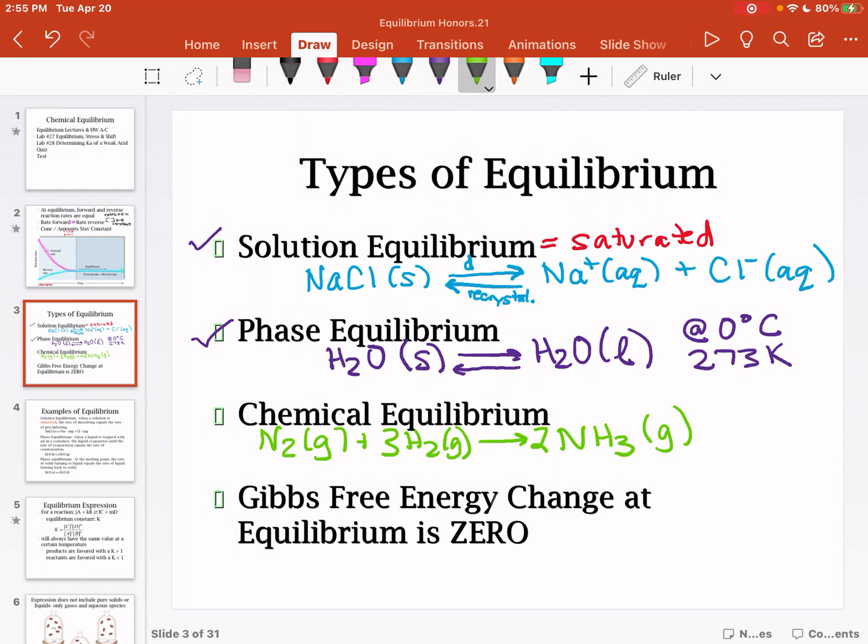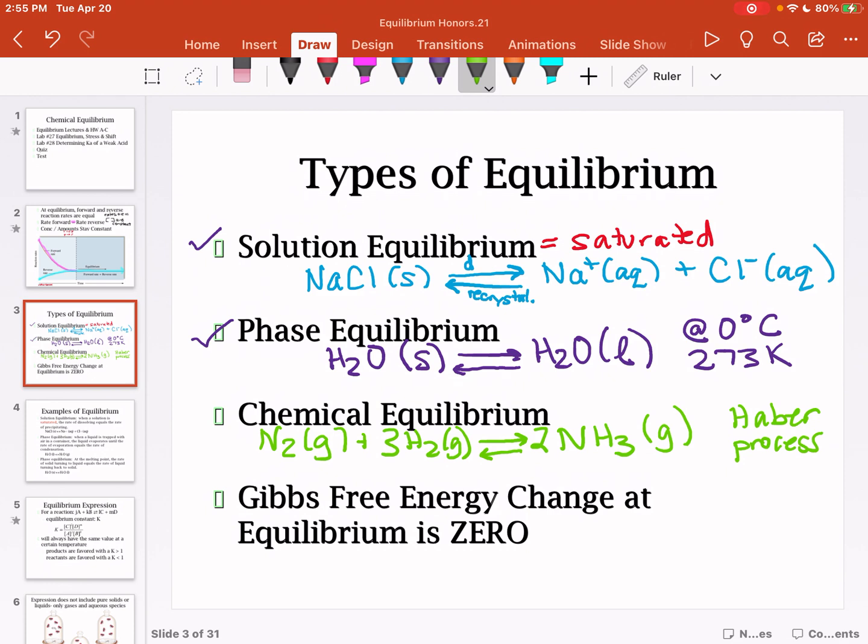I can tell you that this is a chemical process referred to as the Haber process. And what we will find out is that Haber is a scientist who was trying to make ammonia, and he found out that the forward reaction rate can equal the reverse reaction rate.